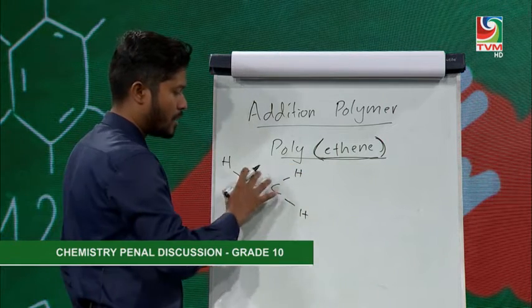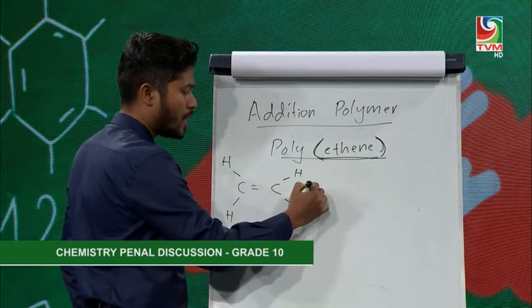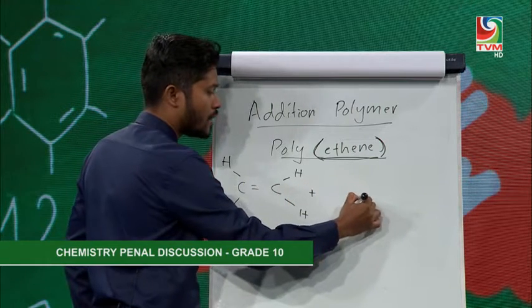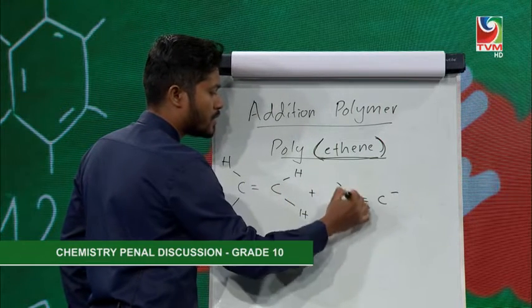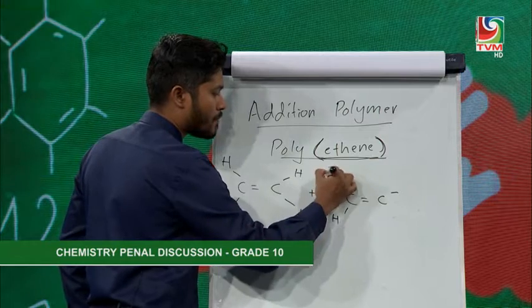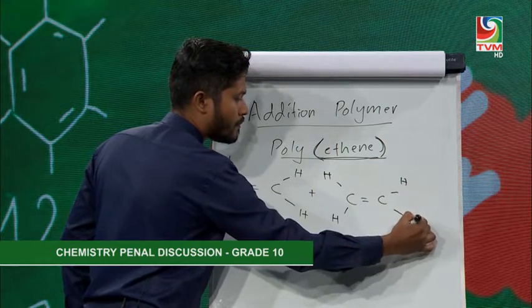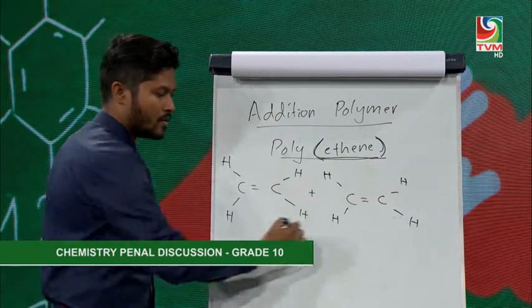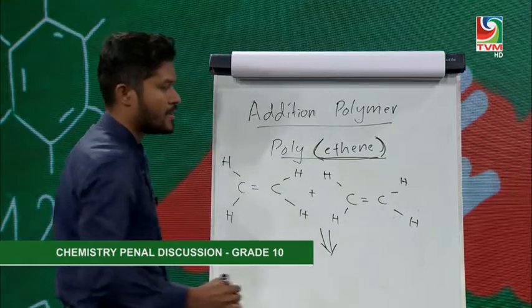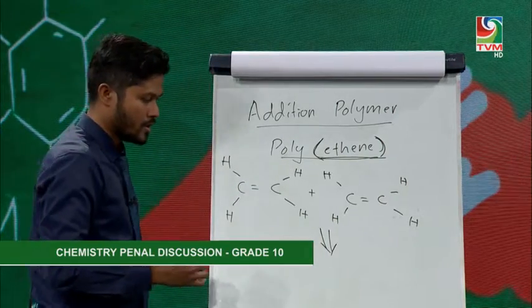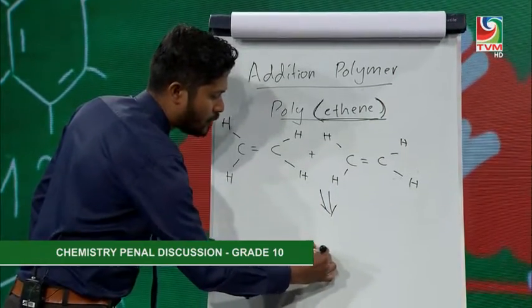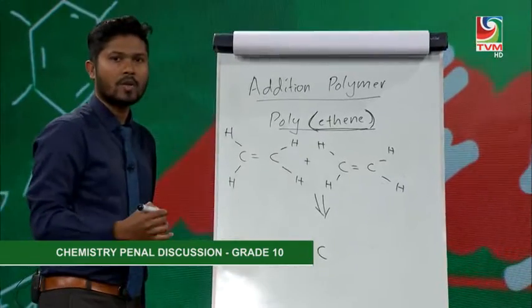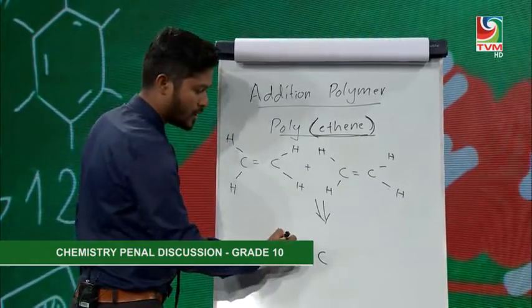And when carbon-carbon double bonds are broken by reacting with other ethene molecules, the final product we get is the polymer structure. So we draw the 2 carbon that is having the double bond.